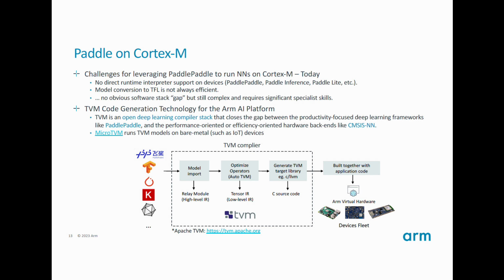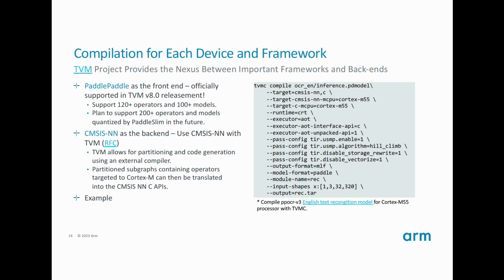This is a typical workflow, and let's see a more specific example. This is a code example of how we compile PaddlePaddle models. It is supported as a TVM front end, and our CMSIS-NN is our low-level library optimized especially for Cortex-M processors, so you can select it as the backend.